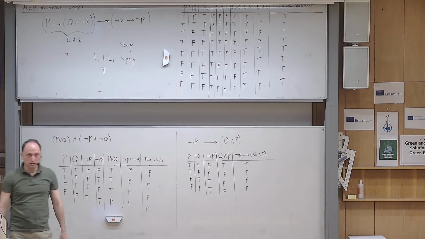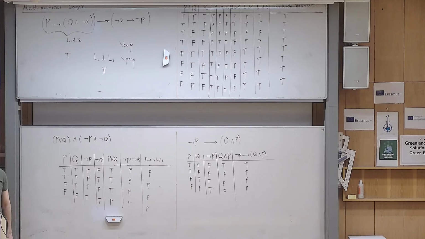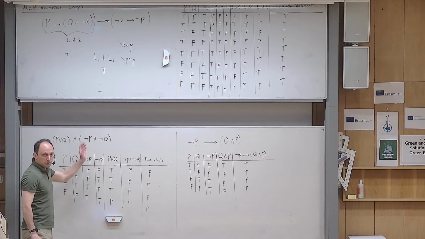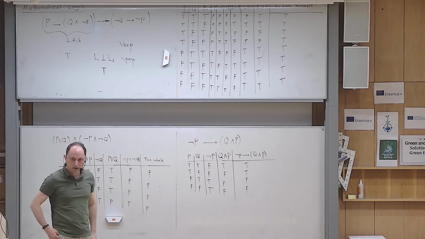Everything there is F, so that is a contradiction. The definition of a contradiction is that the last column is always F. It means that for any assignment of the individual components, it doesn't matter.